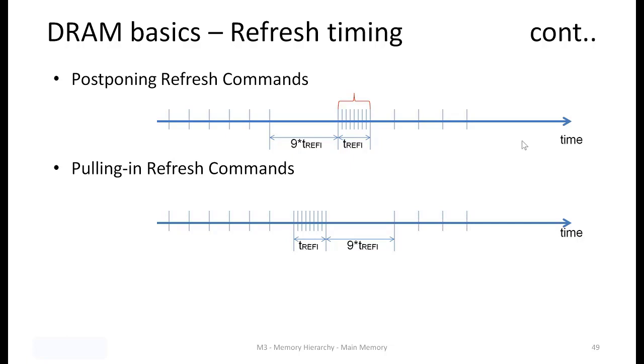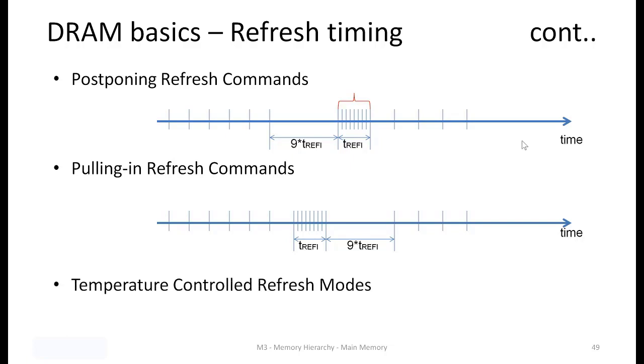But the key constraint is in a 64 millisecond window, we need to send 8K refresh commands. So there is some provision to on demand delay or prepone the refresh commands, but we still need to send 8K refresh commands in 64 milliseconds.